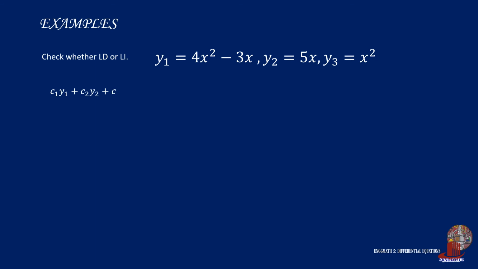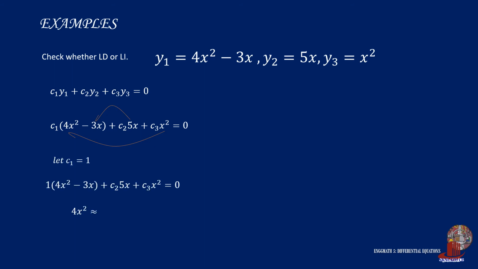From the standard form, plug the three functions, then analyze how to get everything equal to 0. In this case, check the terms with x squared and those with x. So if we let C1 be equal to 1, we can have 1 times 4x squared and C3 times x squared, and they should cancel out, so we can see that C3 should be negative 4.